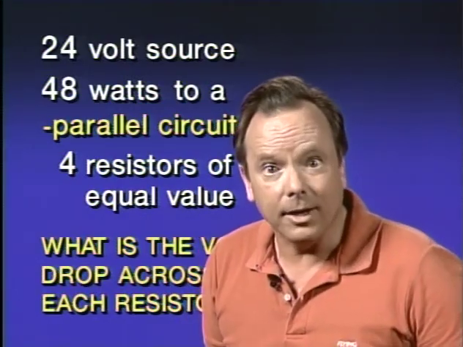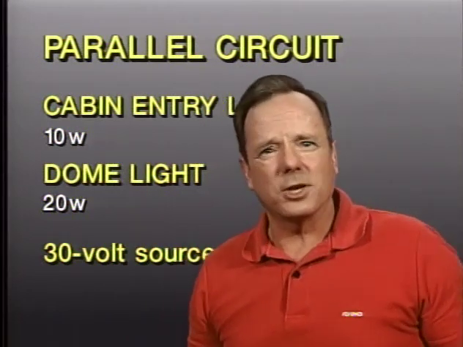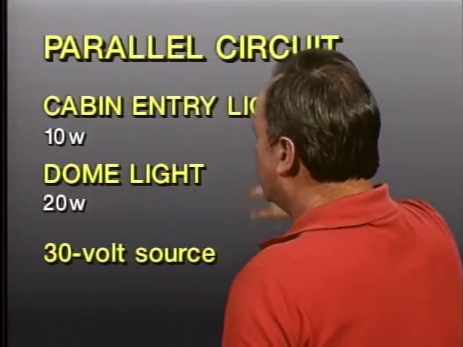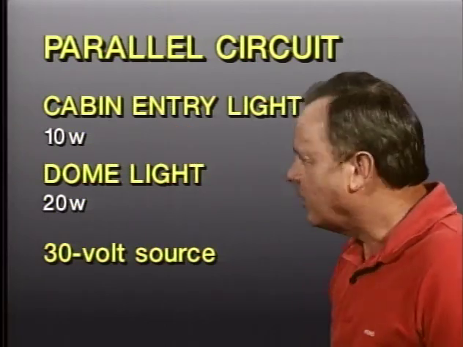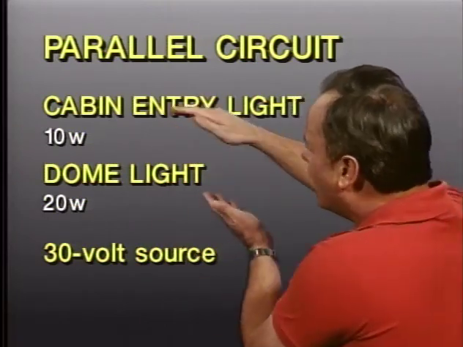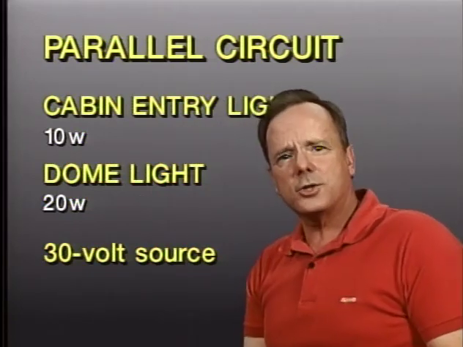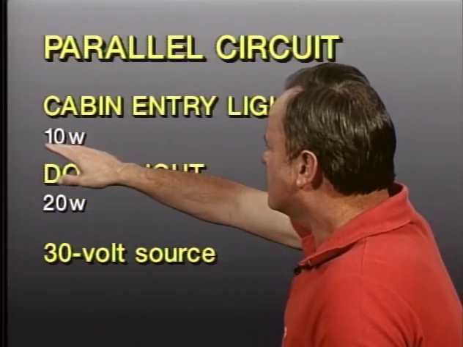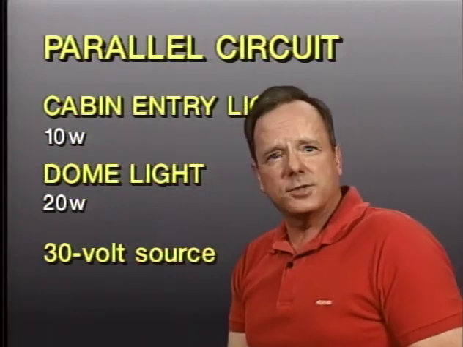What did the 48 watts have to do with it? Absolutely nothing. And here is yet another case of blowing smoke on the same subject. The FAA just loves to blow smoke. Here you have a parallel circuit. You have a cabin entry light that is 10 watts and a dome light that is 20 watts. And they are wired in parallel with each other across a 30-volt source. Now the question is, if you measure the voltage drop across the 10-watt bulb, what will that tell you about the voltage drop across the 20-watt bulb?